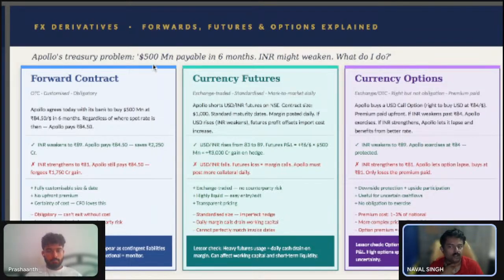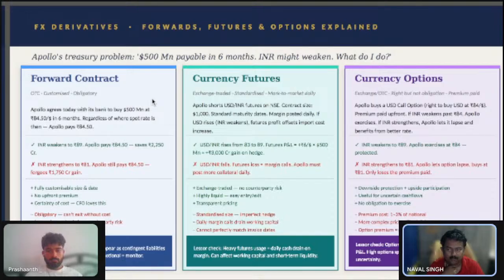So this is 5,000 crore rupees payable in 6 months. So now they are stuck. How do they pay 5,000 crore in 6 months? Or if it is 92 rupees, it's 4,600 crore rupees in 6 months. So they have to pay around 850 to 900 crore per month, that's the exposure they have, right? So a forward contract can help them.